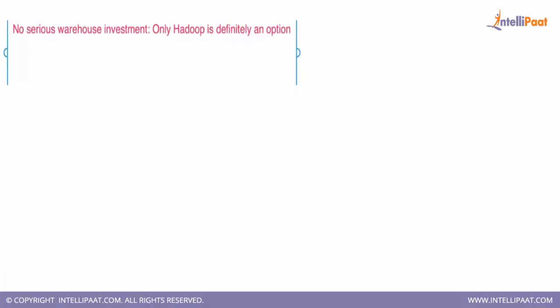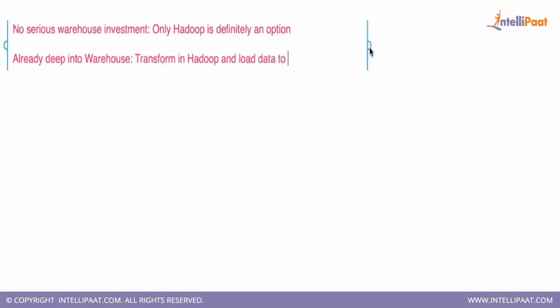If your company is already deep into a warehouse, a lot of companies would transform in Hadoop and load data to the warehouse. And now there are hybrid models. I know of one bank that has decided they will not move away from Teradata because Teradata is way too deep into them.